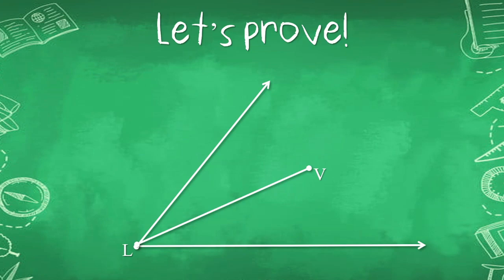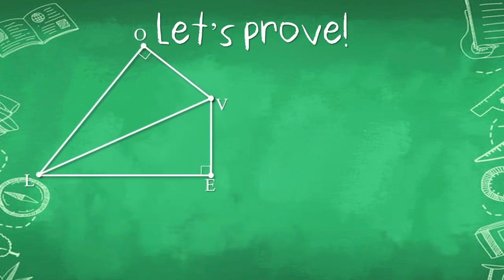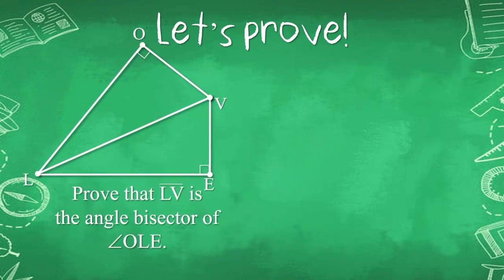Connect lines on a point on each ray from the endpoint V of the segment, creating 90 degrees on angle O and angle E. Let us prove that segment LV is the angle bisector of angle OLE in quadrilateral LOVE.